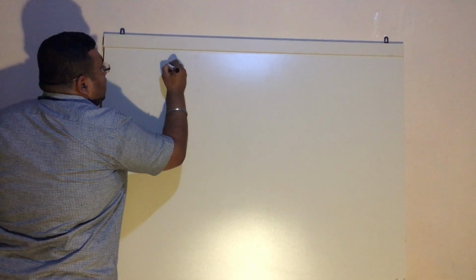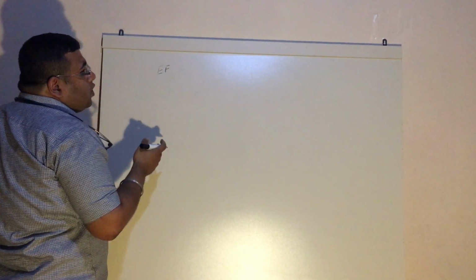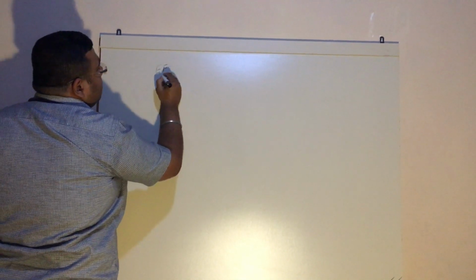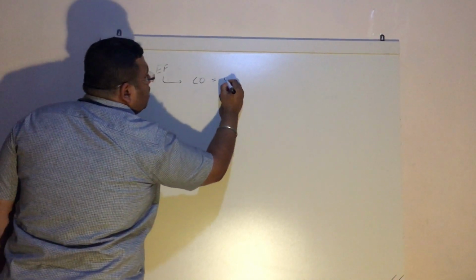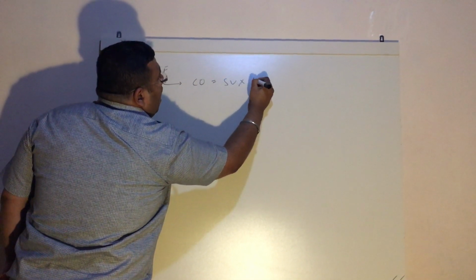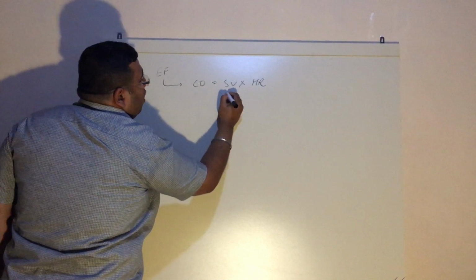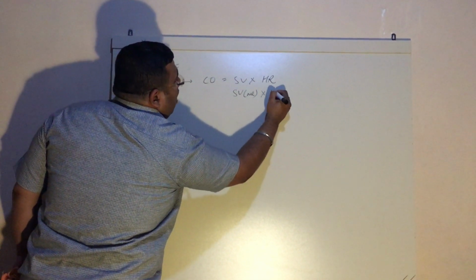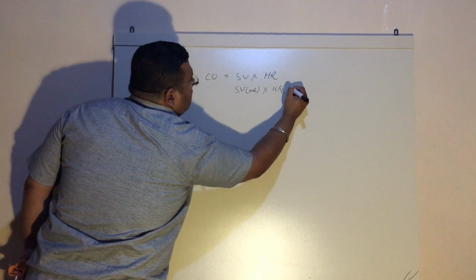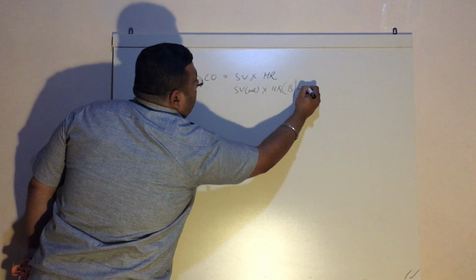So guys, we need to understand the ejection fraction, right? To understand ejection fraction, we need to understand cardiac output. We all know that cardiac output is the stroke volume into the heart rate. Stroke volume is in milliliters and heart rate is in beats per minute.